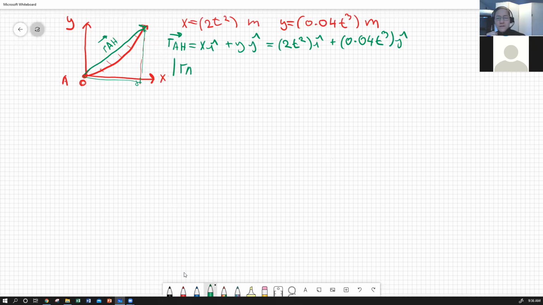So we can use our handy dandy properties of vectors. We won't plug in all the numbers, we'll just write the equations. So there's our straight line distance.